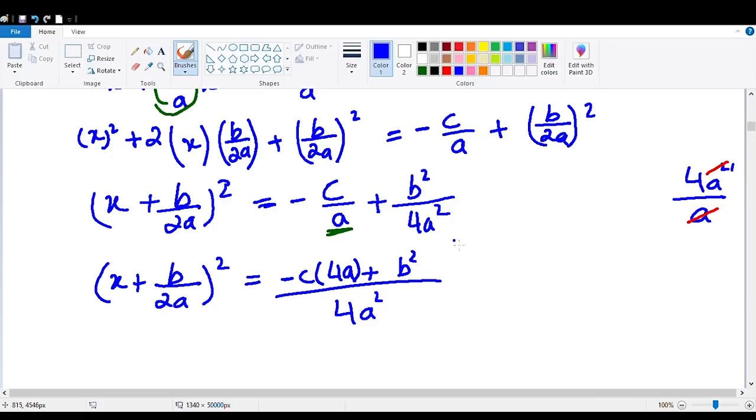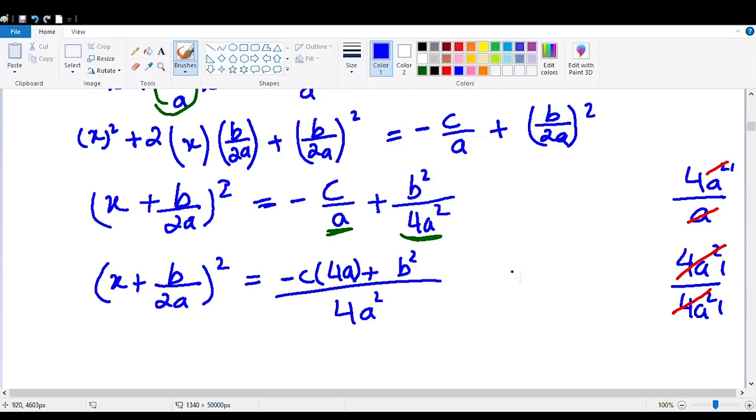Now we have plus b squared. When we divide 4a squared by 4a squared, it'll be just 1, so 1 will multiply with b squared.